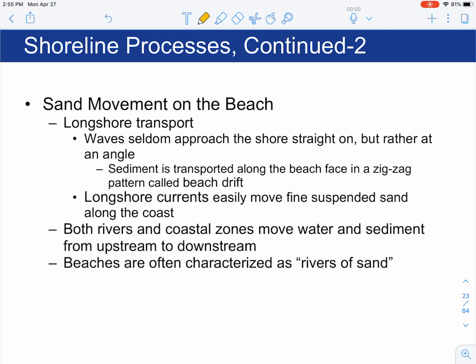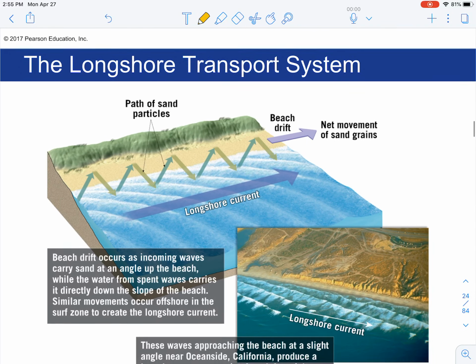So beaches can be characterized as a river of sand, in that it's not just the water that is moving along shore, it's the water plus the sediment load that's moving along shore and eventually being deposited to create new landforms.